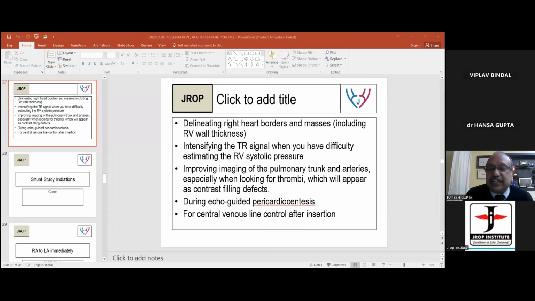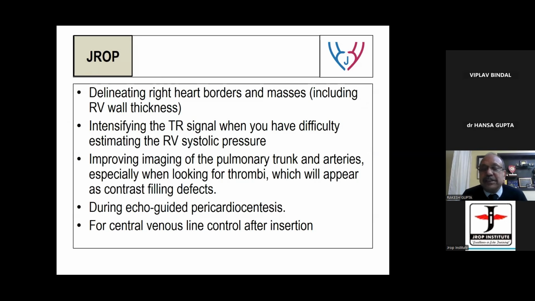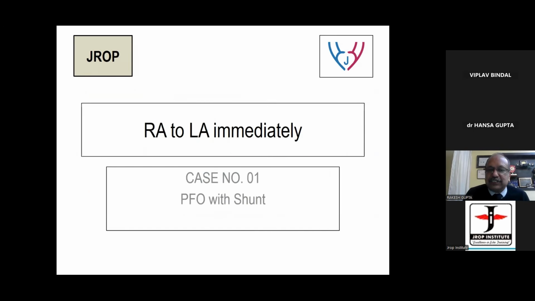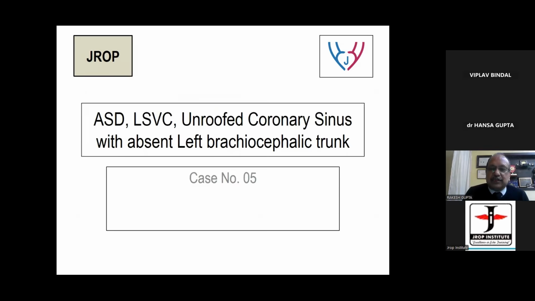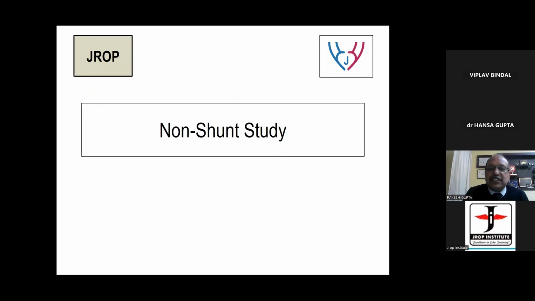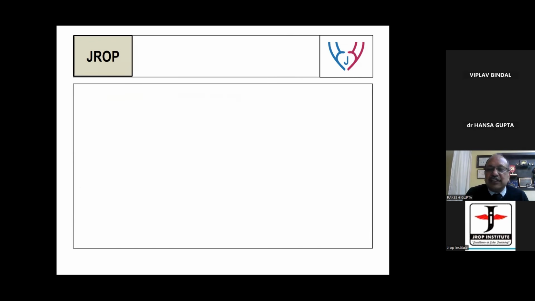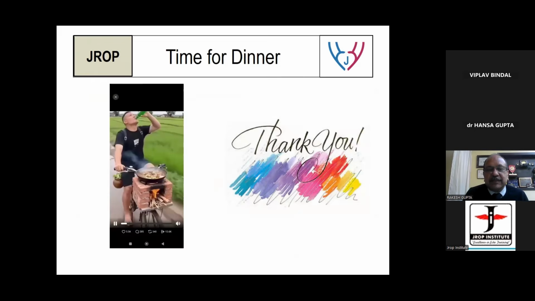These are all indications where we use it, especially for TR jet gradients, when pulmonary artery pressures are pretty high, and pulmonary thrombosis. I can show you that example, a couple more, which is still possible. So in the last, I would just say that this is one modality which is excellent for day-to-day practice.